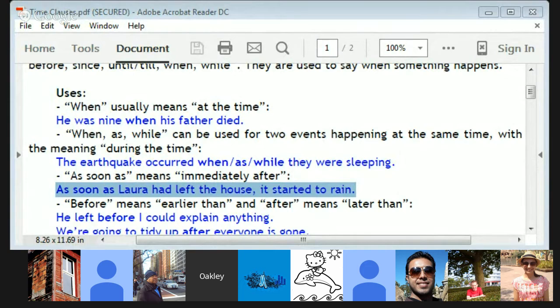Okay. All right. I cleaned it up a little. As soon as the lesson had been finished, I went home.